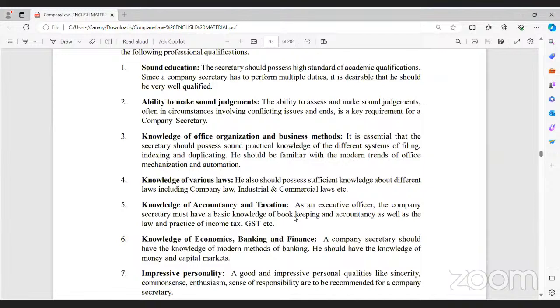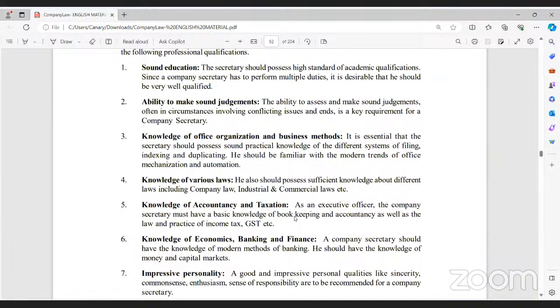So in any situation, he should be able to take a proper decision and give a sound judgment, not affecting others.